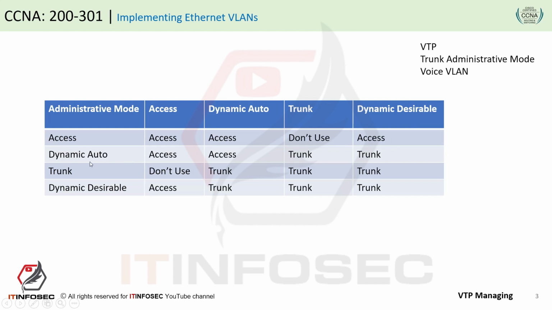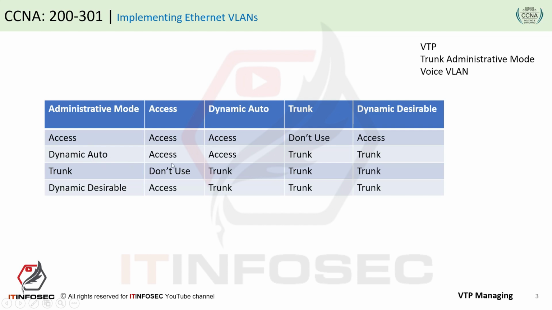If one side is dynamic auto and the other side is access, it will be access. If both sides are dynamic auto, it will be access, because both sides wait to receive trunk negotiation and never send any trunk packets from one side to the other, and vice versa. So the administrative mode will change to access mode.